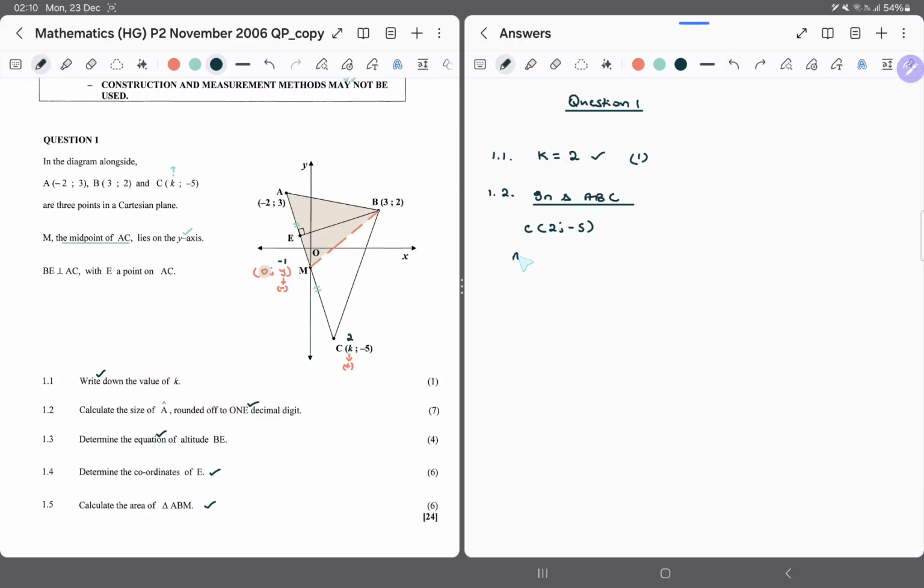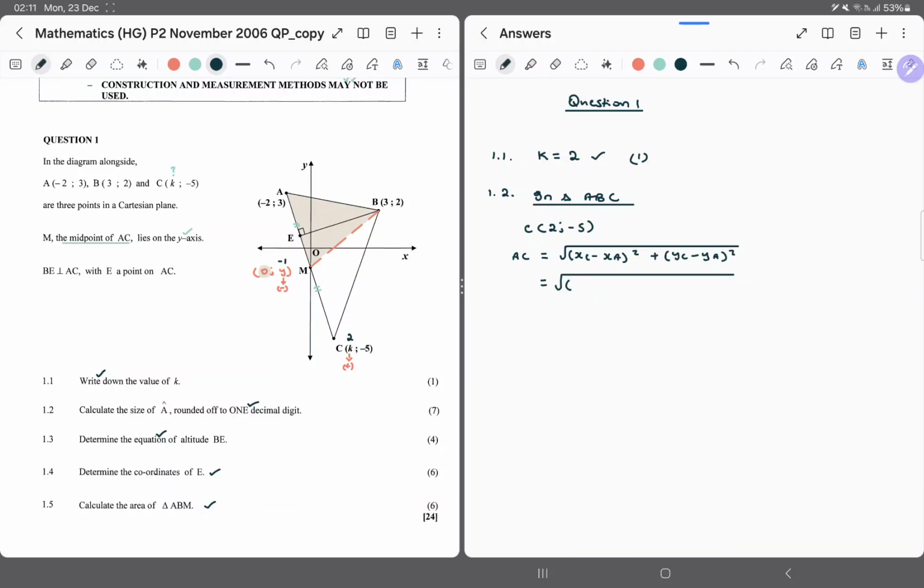Okay, maybe let's start with AC. It's going to be the square root of the x coordinate at C minus the x coordinate at A, all squared, plus the y coordinate at C minus the y coordinate at A, all squared. So that is what we have. We substitute.